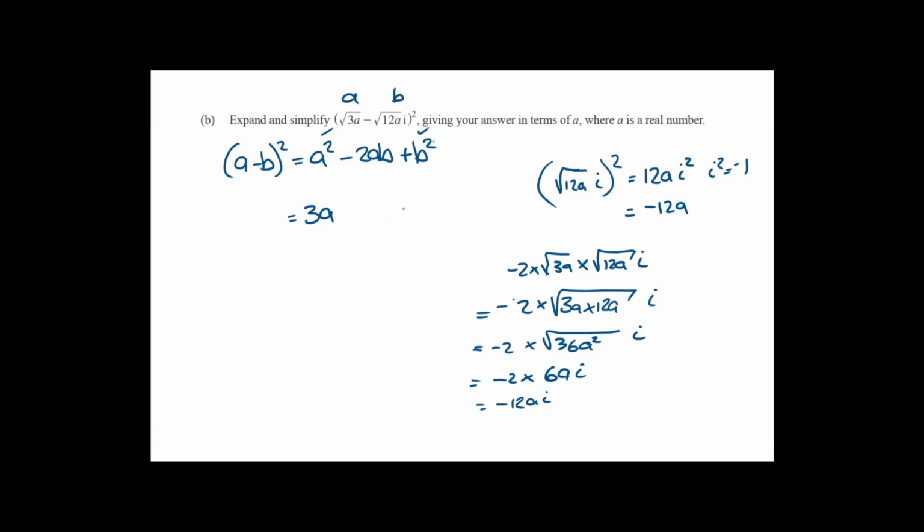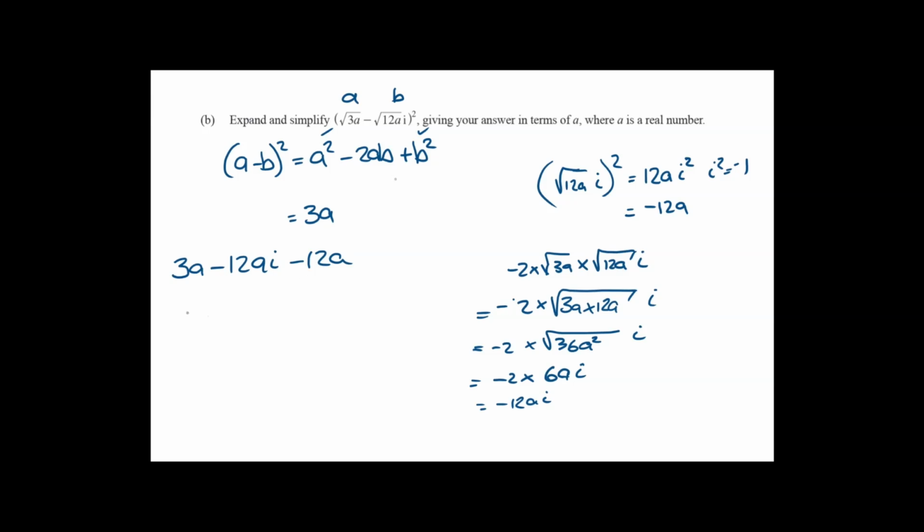Okay, collecting all of this together, we can expand it now to 3a minus 12a minus 12a i. I think that's correct. That is correct. So now you need to simplify things out.